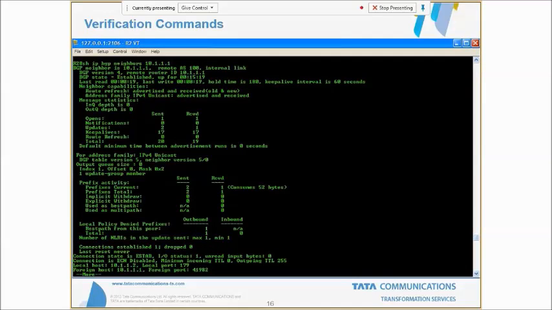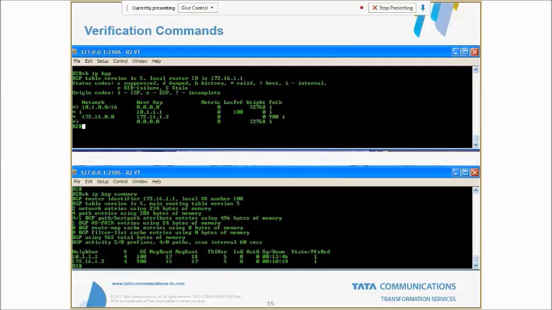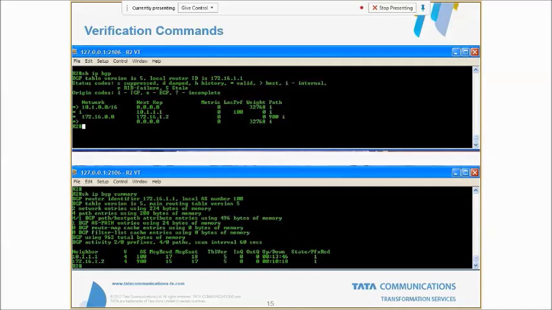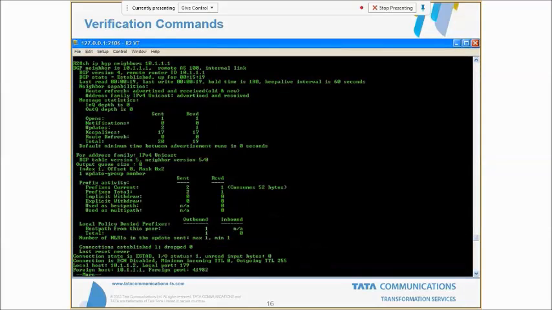The next one is the show ip bgp neighbors command. It's also a verification command, and here it is used for an IBGP peer. We are at router B, and we are going to see the IBGP neighbor now. It has the IP address 10.1.1.1, belongs to autonomous system AS 100, and it is connected via an internal link, which means it is an IBGP peer. The rest of the output is nearly the same.